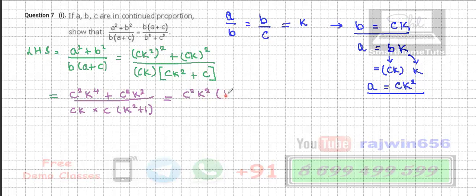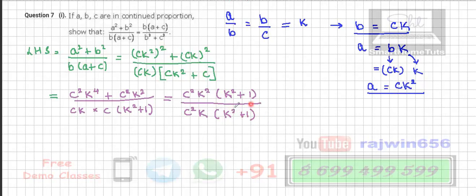So K square will remain. Plus, both of these terms have been taken common, so plus 1. Divided by, okay, C multiplied by C. This is going to become C square. K is remaining and K square plus 1.